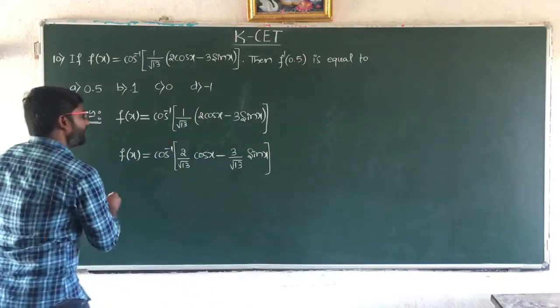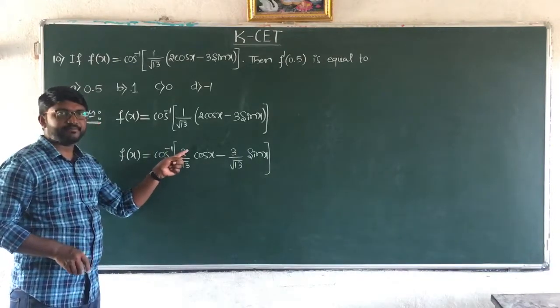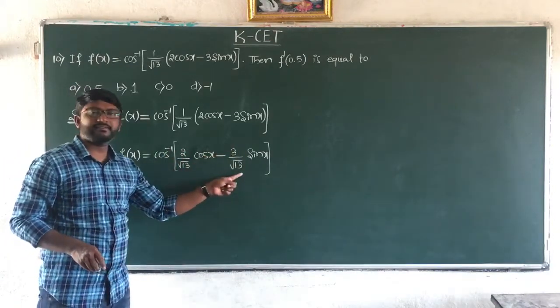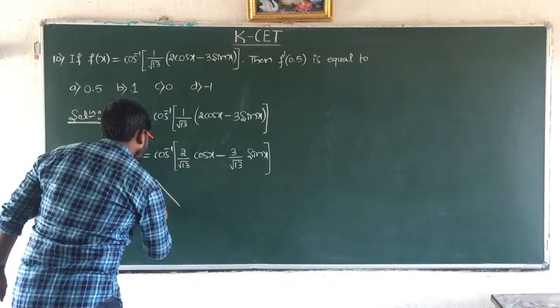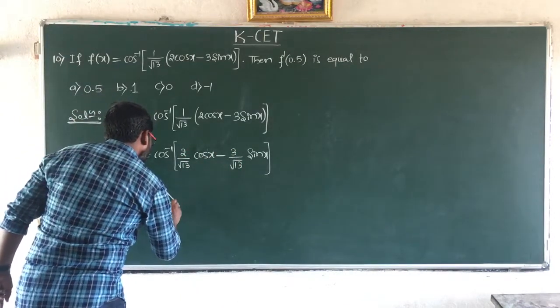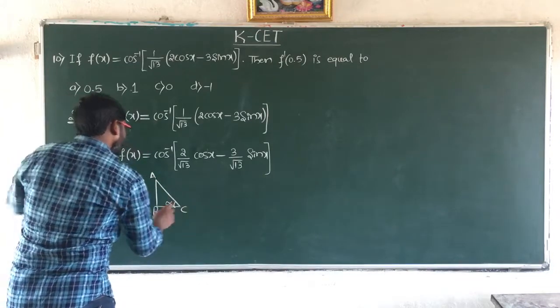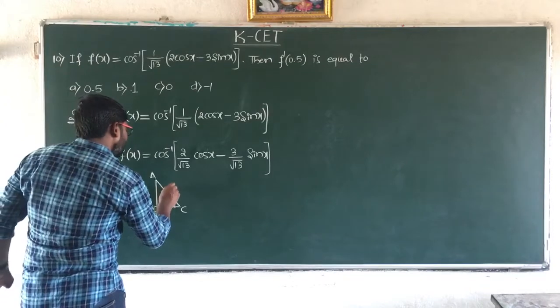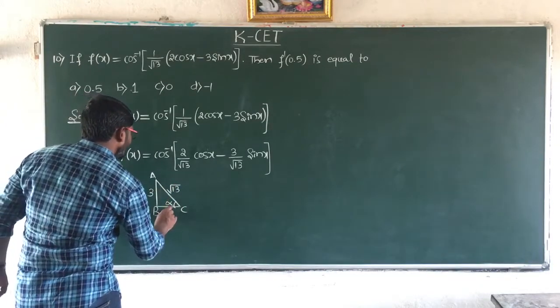Now I consider 2 by root 13 as cos alpha and 3 by root 13 as sin alpha. If you put this in a right-angled triangle ABC with angle alpha, root 13 will be the hypotenuse, this side will be 3, and this will be 2.